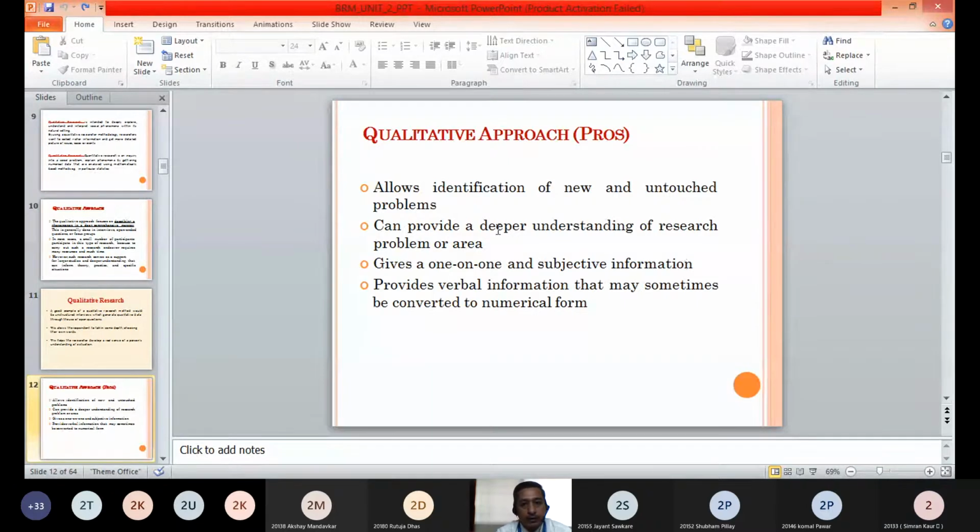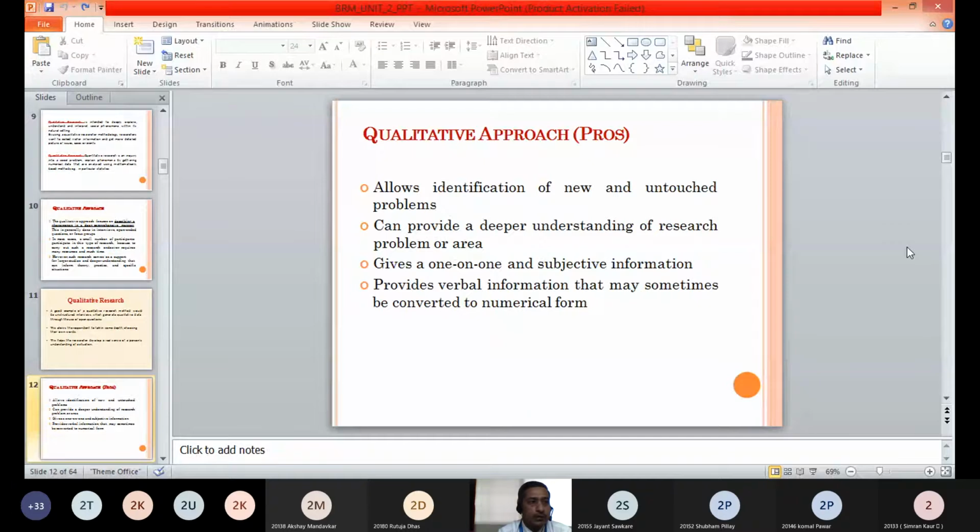So going ahead, what we are going to discuss is the different pros and cons of qualitative research. Pros means the different advantages of qualitative approach we have to understand. The first advantage of this qualitative approach is it allows identification of new and untouched problems.